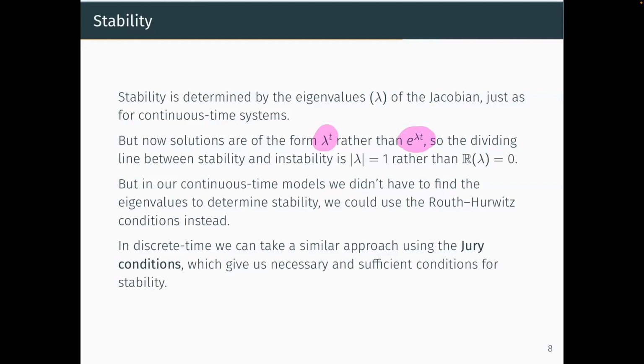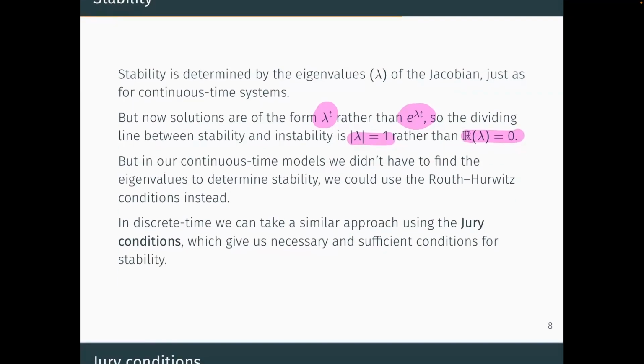It could be negative, but as long as it's between -1 and 1, then this will shrink over time. They can also be complex conjugates now, so we're thinking essentially about the length of our real part and our imaginary part squared and square rooted to give us this value of lambda modulus here. Okay, so our stability thresholds have shifted essentially from 0 to 1.